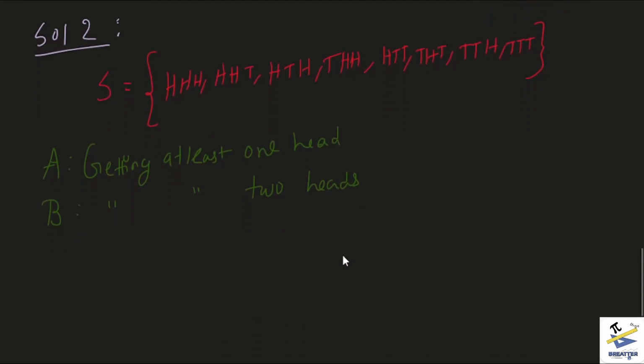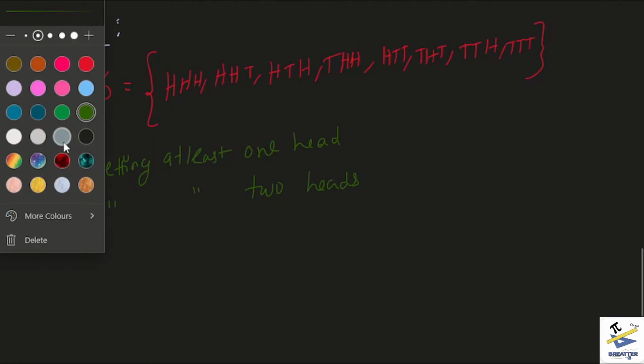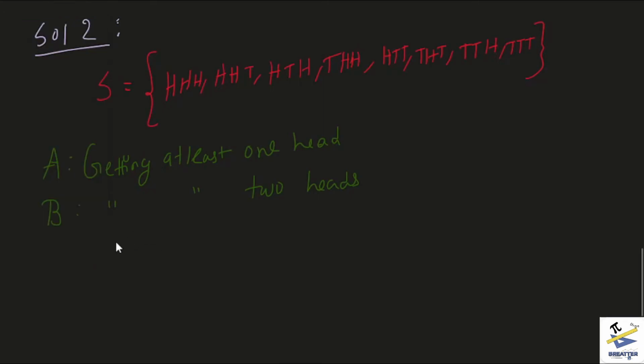Now one way to find out the given probability, which we were doing, is if we want to find probability of B given A, we can consider A as our sample space, right?